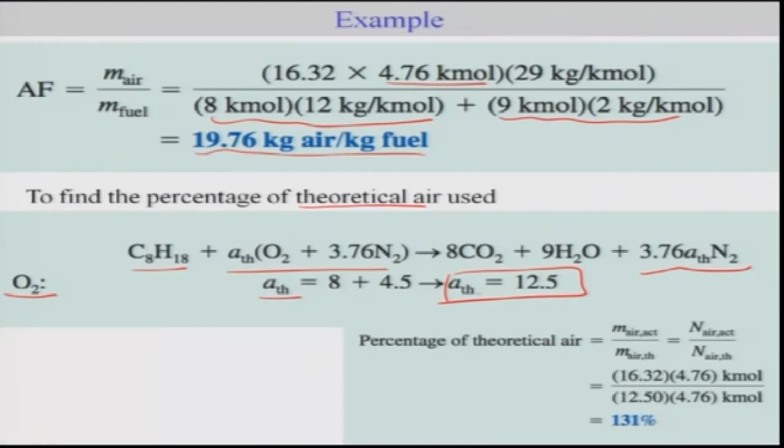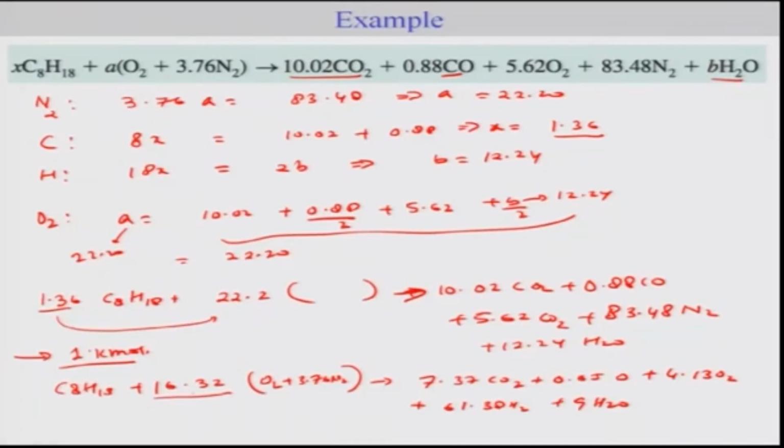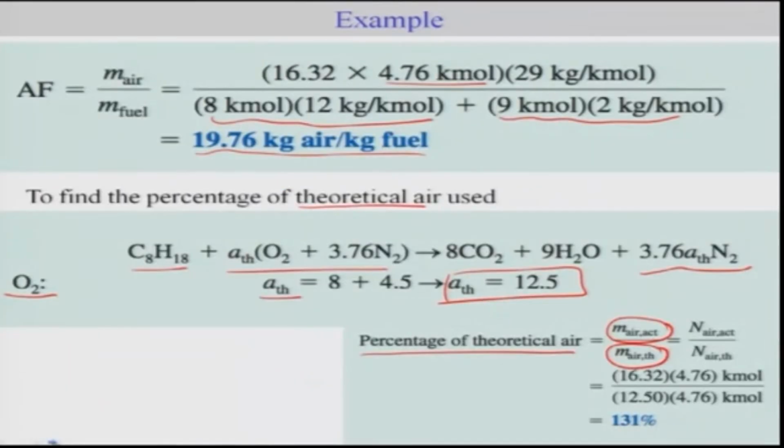So this becomes your theoretical air to be used, and thus you can find the percent of theoretical air, which is nothing but the mass of the actual air divided by the mass of the theoretical air. And what is the mass of the actual air? It is your 16.32 kilomoles multiplied by, of course, the oxygen plus nitrogen, that means 4.76.